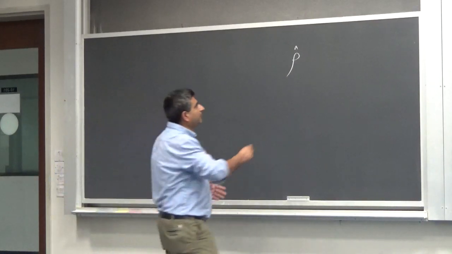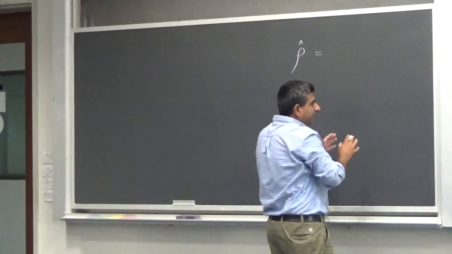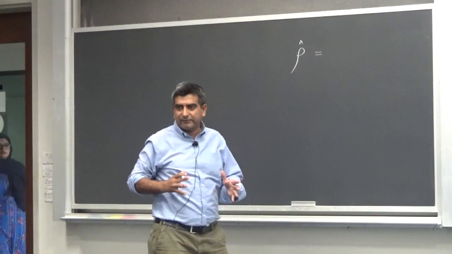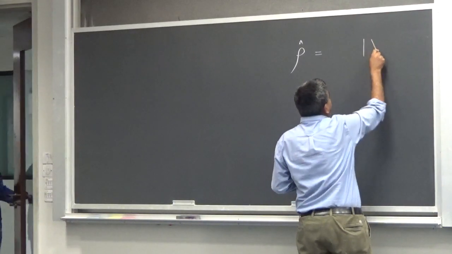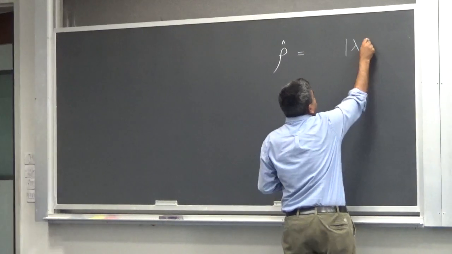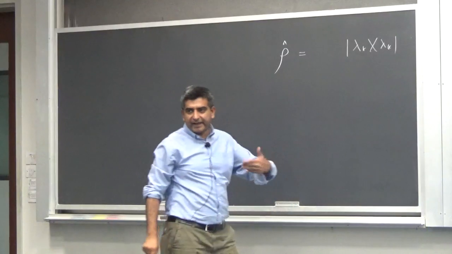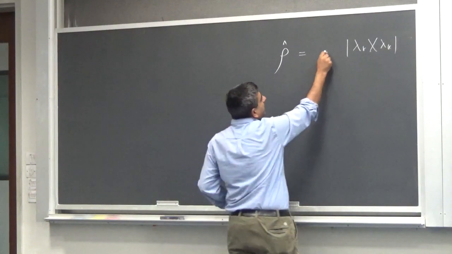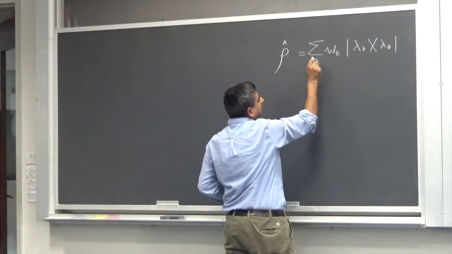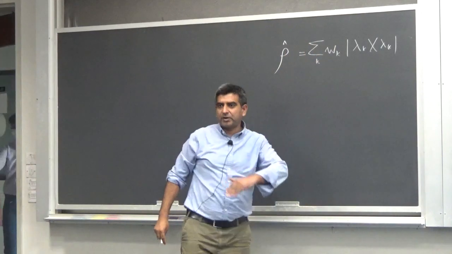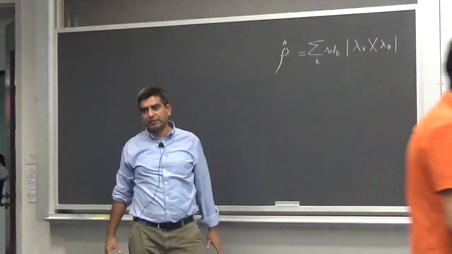And the general form of any density operator is that it can be written as a mixture of quantum states, where each quantum state is represented by an outer product of a ket with itself, weighted by some probability factors. K could be anything. K could go from 1, 2, 3 up to anything. So it's a mixture of quantum states.